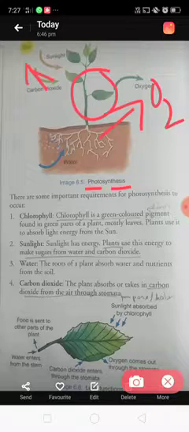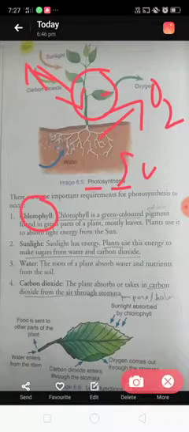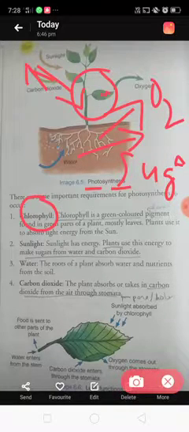So how do the plants prepare food? With the help of chlorophyll, which is present in the leaf. With the help of chlorophyll, they capture the light and convert the light energy into sugar. Okay, sugar. In return, the plants give oxygen. So this whole process is called photosynthesis. Clear?